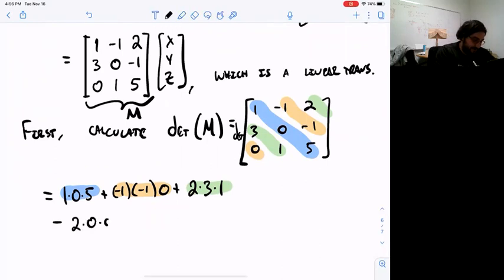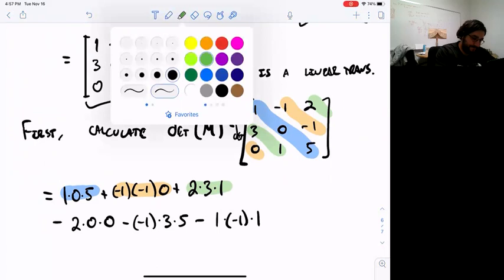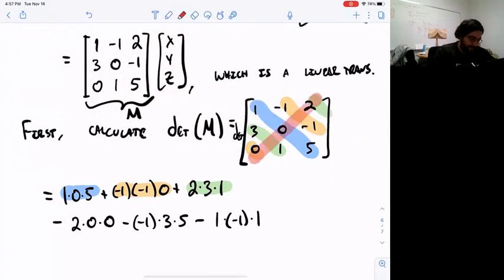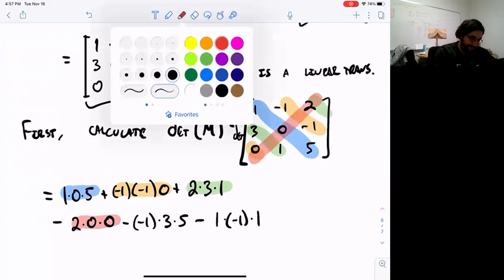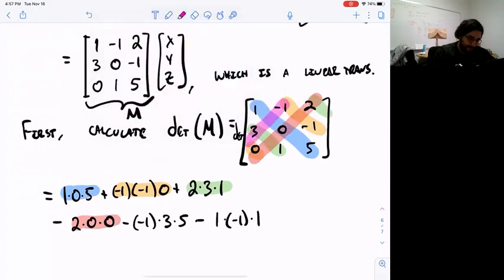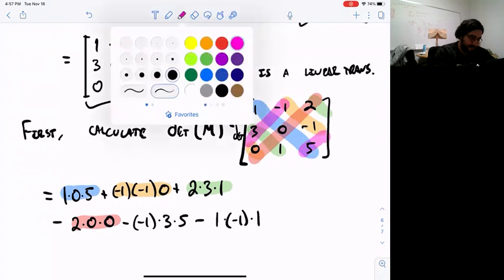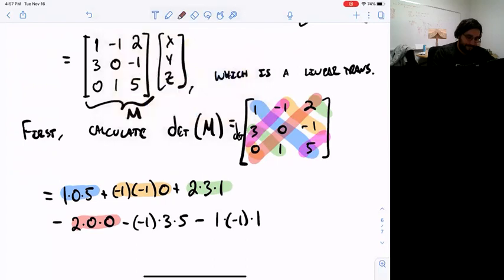I have 2, 0, 0. It's minus 2, 0, 0. I have minus minus 1, 3, 5. And minus 1, minus 1, 1.